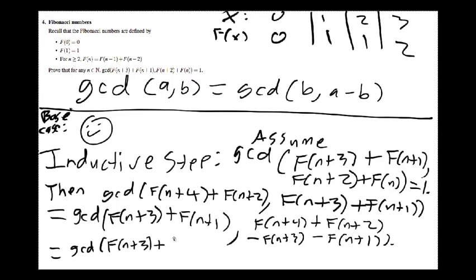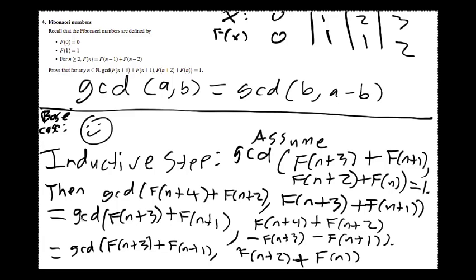Since each item is just the sum of the previous two items, the n plus 4th item is the sum of the n plus 3rd item and the n plus 2nd item. And f of n plus 2 minus f of n plus 1 is f of n in precisely the same way.